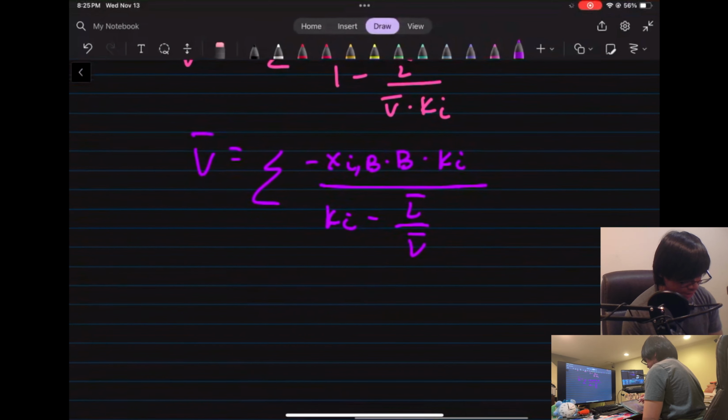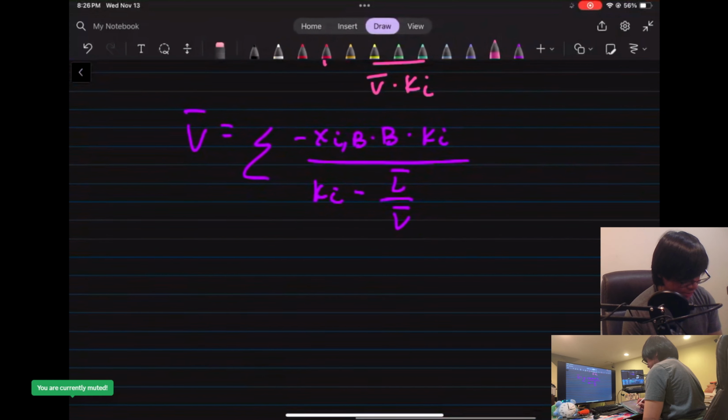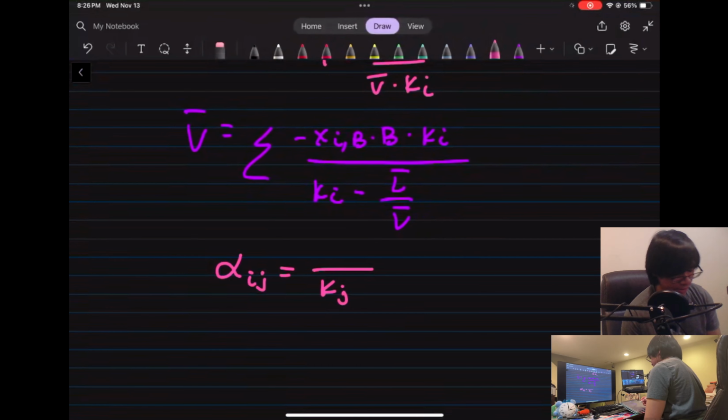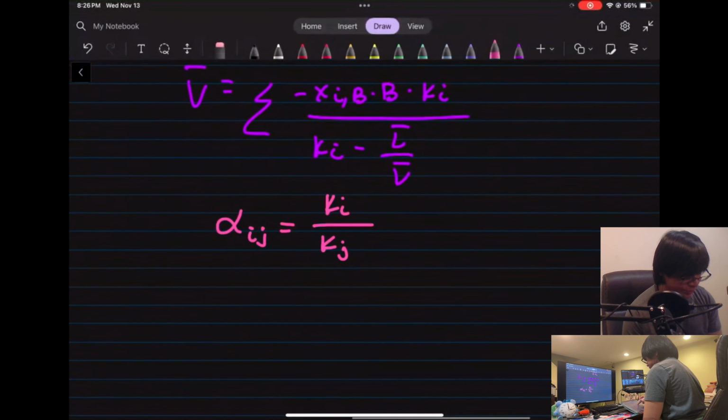And now divide by Kj, which is in reference to the heavy key, the partition coefficient of the heavy key, then Ki.